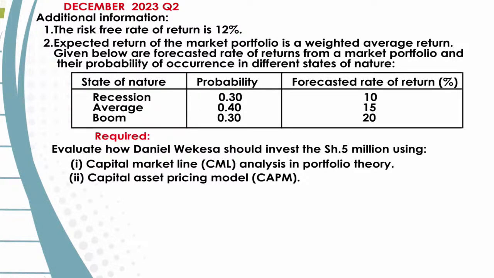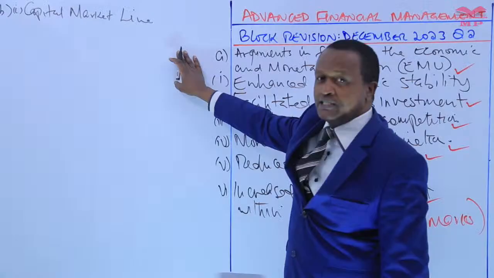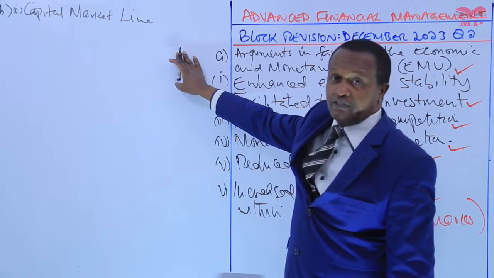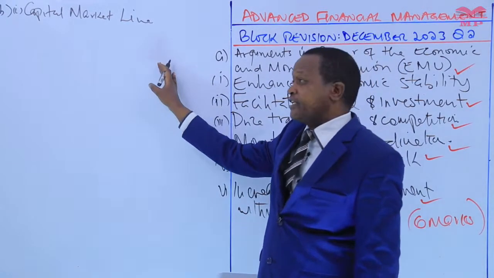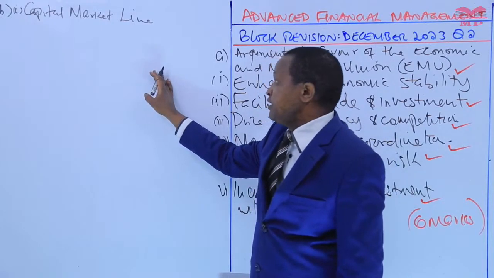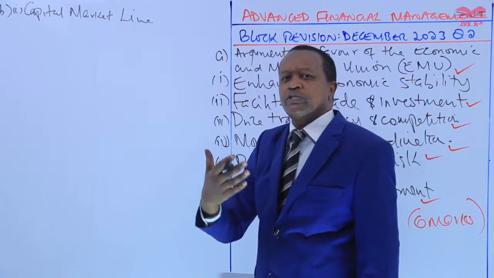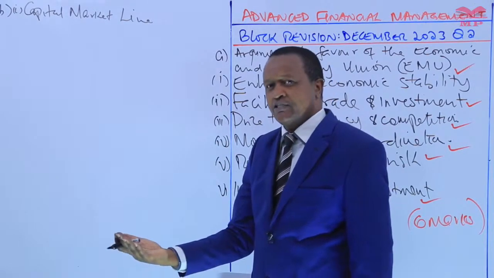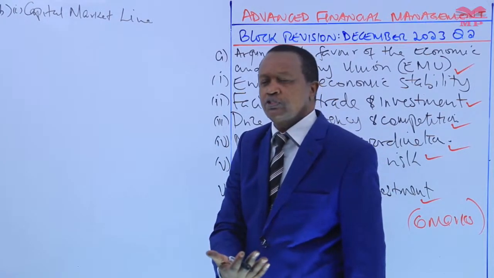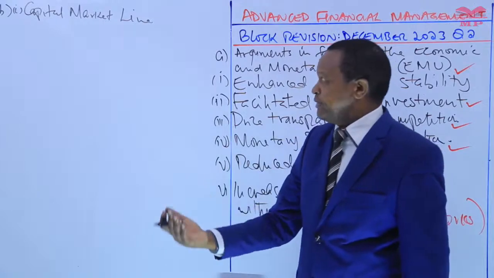Now, candidates, the capital market line is a fundamental concept in finance. It is a fundamental concept in finance that illustrates the relationship between risk and return for efficient portfolios within a given market.